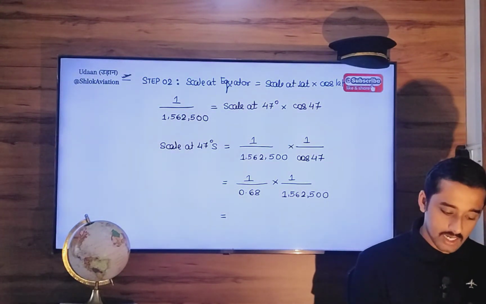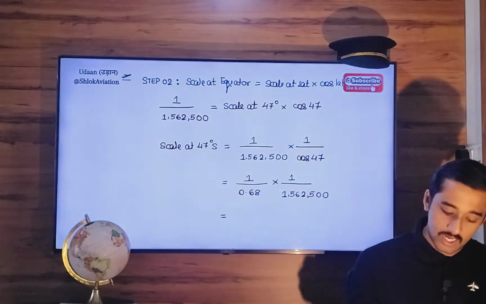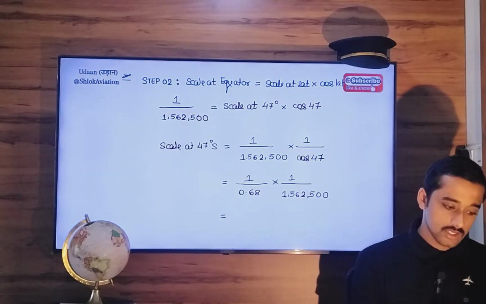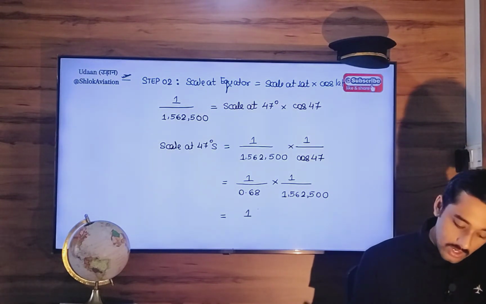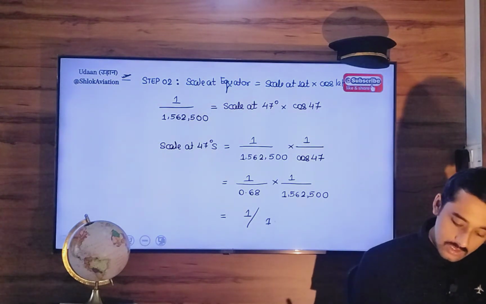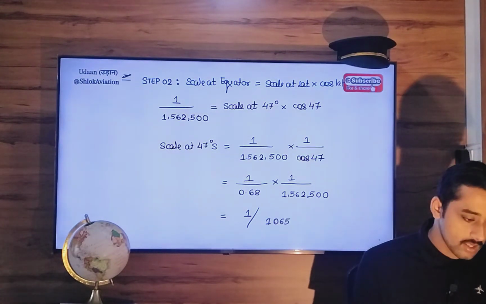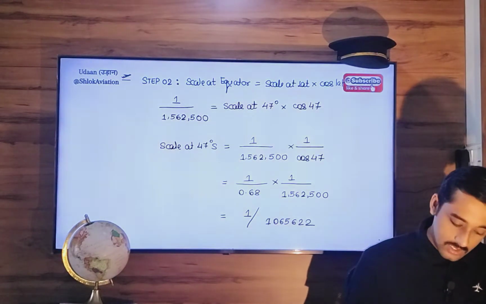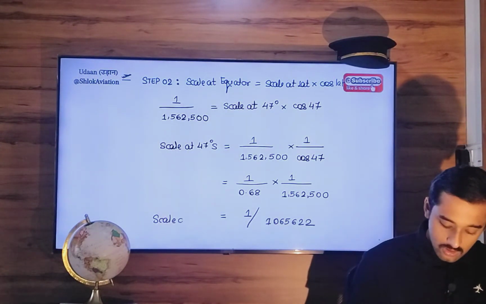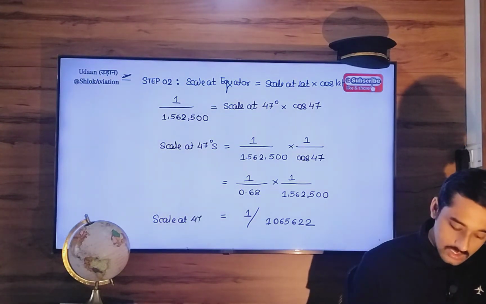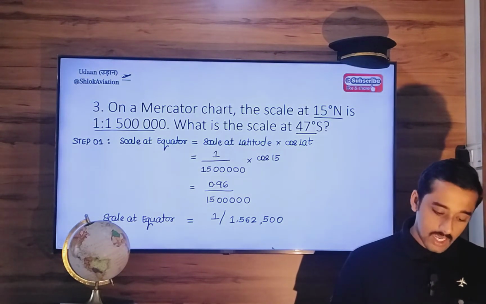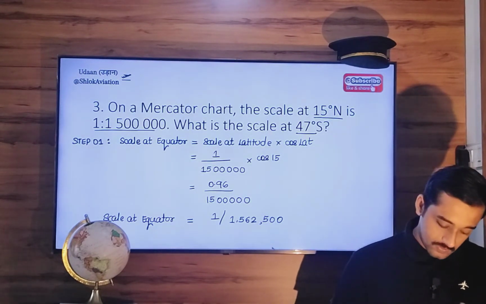So multiply the denominator, 0.68 multiplied by 1562,500. You get the final answer 1 divided by 1065,622. This is the scale at 47 degree south latitude. Select that option which is closest to this value.